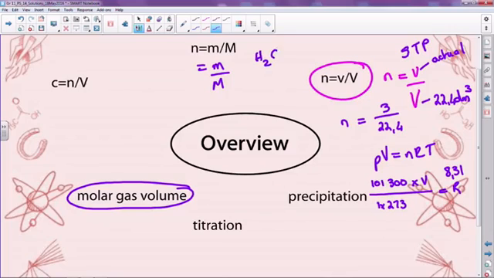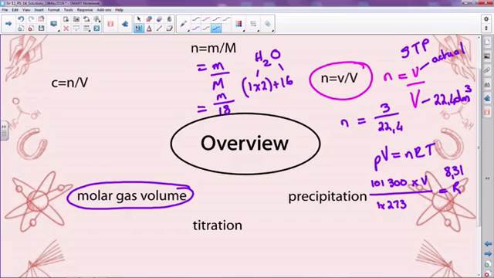Water is quite an easy one to just think of quickly. The mass, if you look on your periodic table, of oxygen is 16. The mass of hydrogen is 1, and there's 2 of them. So I'm going to go 1 times 2. And to get my molecular mass, I add those 2 numbers together. So I'm going to have 2 plus 16. It's going to give me a molecular mass of 18.